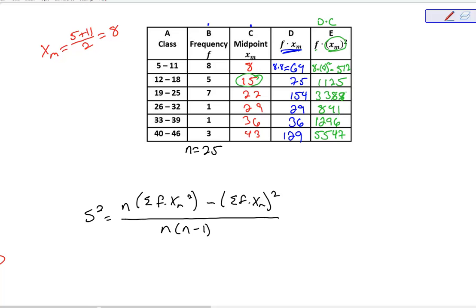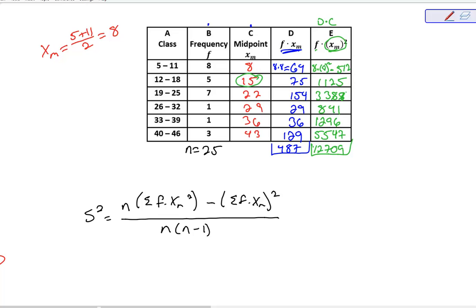I also need to add up this column, which is going to be, let me check that again, 487, and I need to add up this column: 512, 1125, 3388, 841, 1296, and 5547 is equal to 12709.